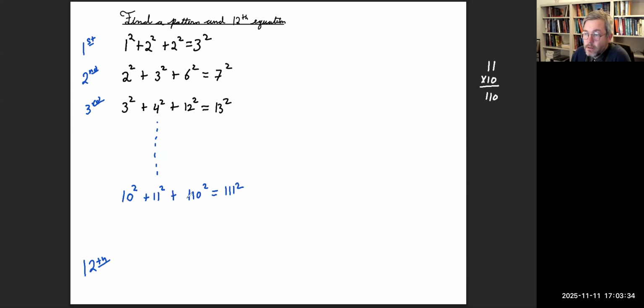10 times 11 is 110. And then that would be 111 squared. Does the pattern hold? I think. 11, 12. What's that? 131? Is that right?